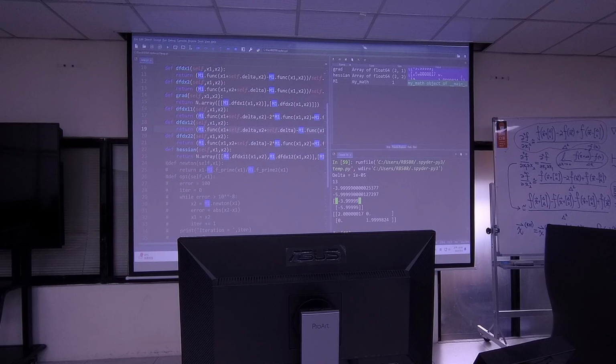Now I will show you how to do Newton. Newton will be a vector as well. So it's more complex. I should define an initial vector, let's say call x0.